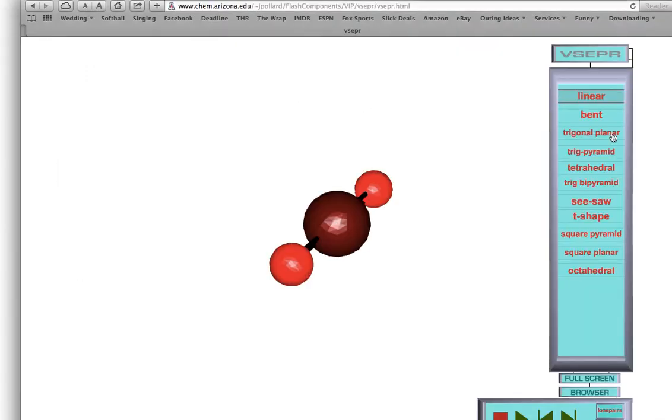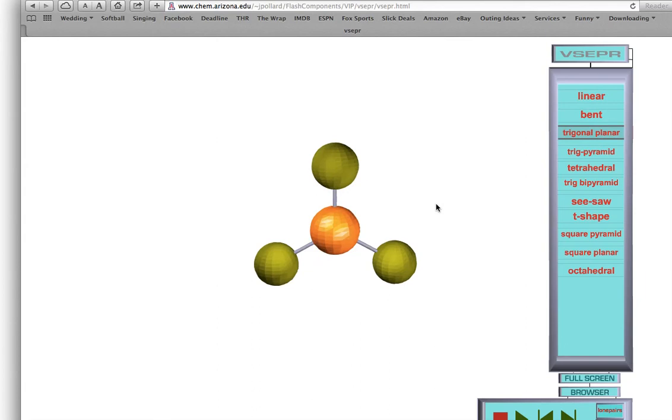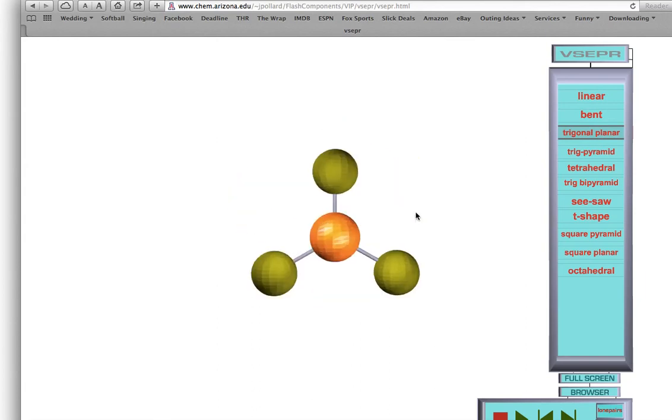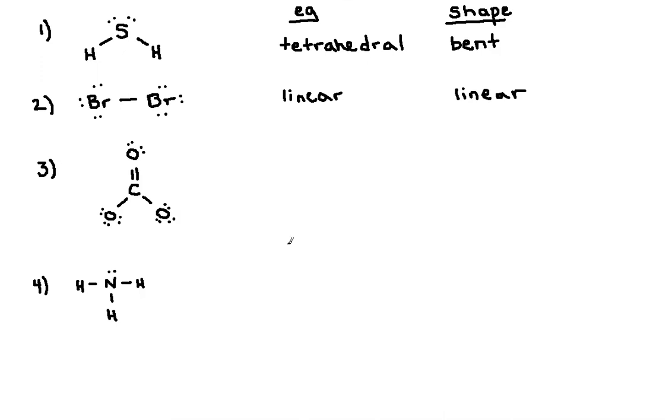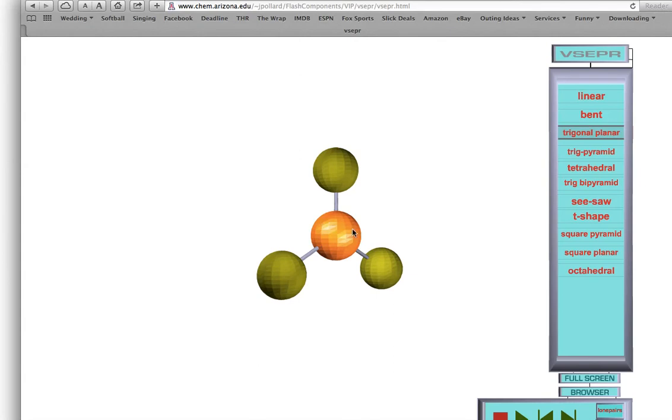All right, for CO3, we've got this shape. If you notice, you've got your central atom right here, and you've got 3 coming off of this. Notice that you don't have any lone pairs of electrons on the carbon. As a result, since you don't have any lone pairs, your molecular shape is going to be the same as your electron geometry.